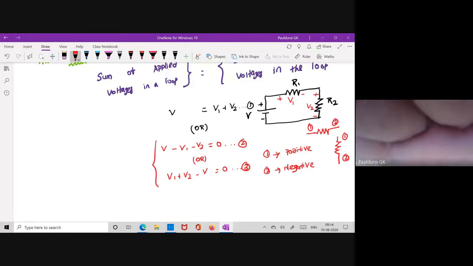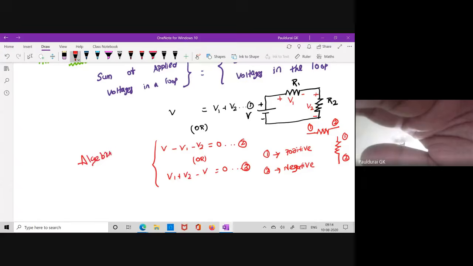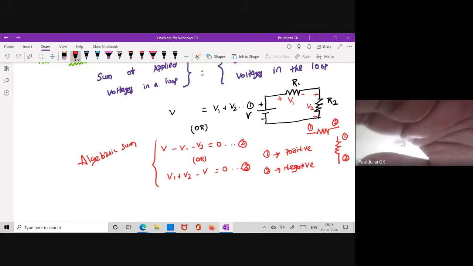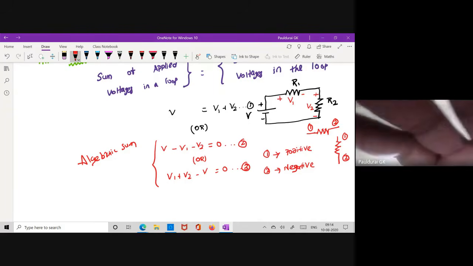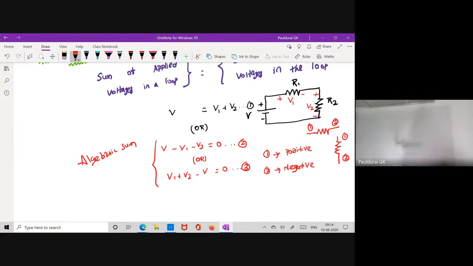Now, what are equations number 2 and 3? Any idea? Anyone? Please come up. Actually, this is called algebraic sum. You know what algebraic sum is in KCL, right? If you assume entering current as positive, then you assume leaving as negative, and vice versa, right? So similarly here, any idea? I am expecting one unique word.